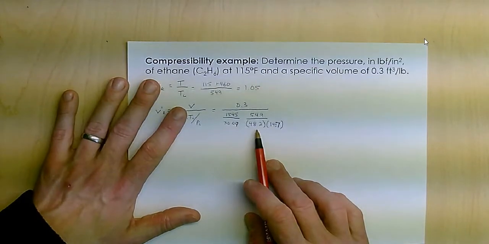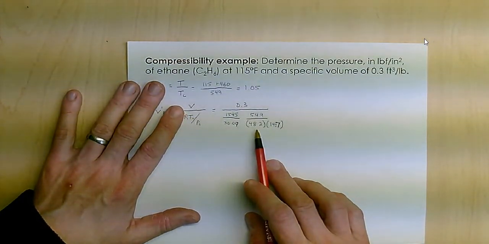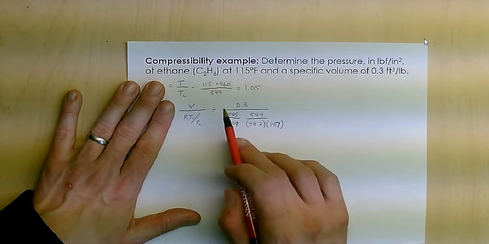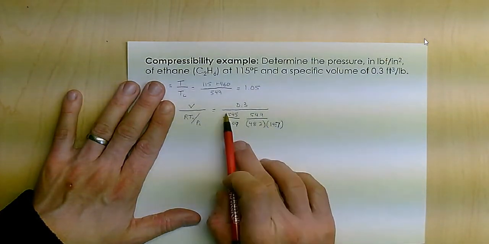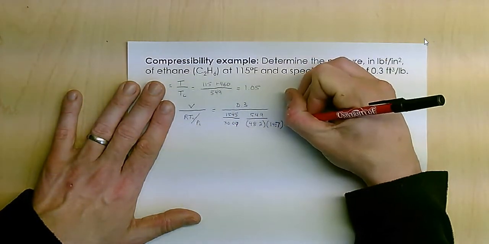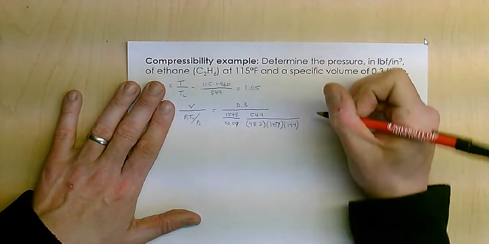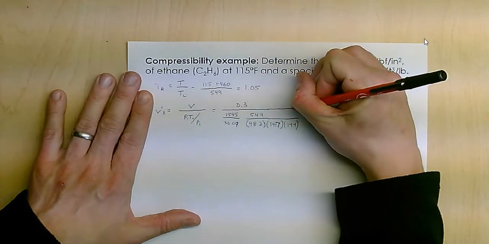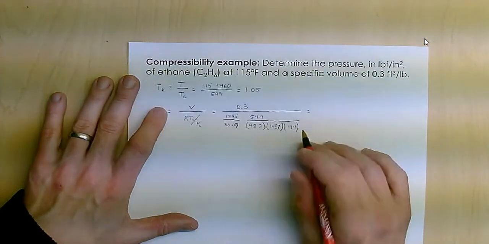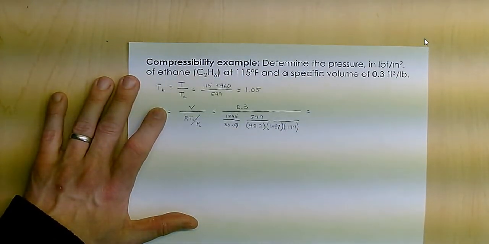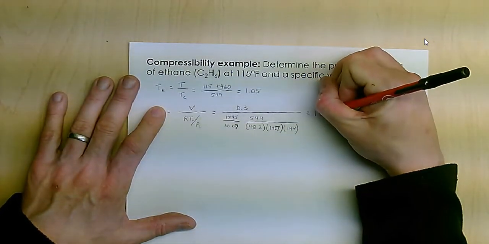And then I need to get it in pounds per square foot, so I can get everything in feet, because my volume's in feet. This is in foot pounds. So I need to take this times 144 to go from square inches to square feet. All of this is going to give me my pseudo-reduced volume, which is 1.08.